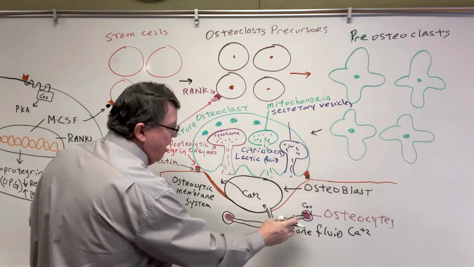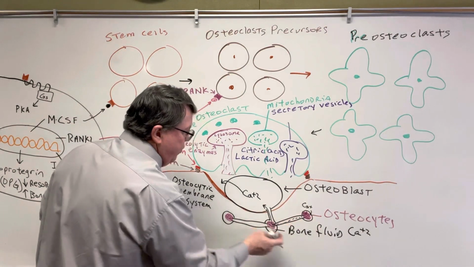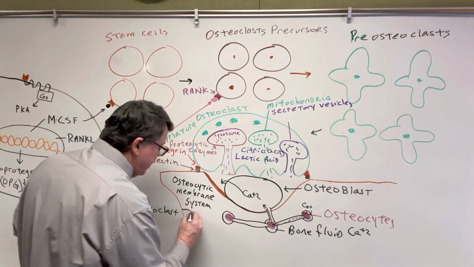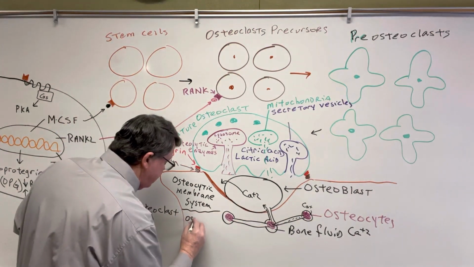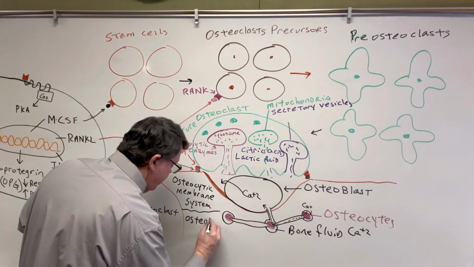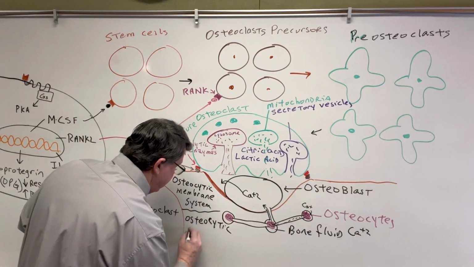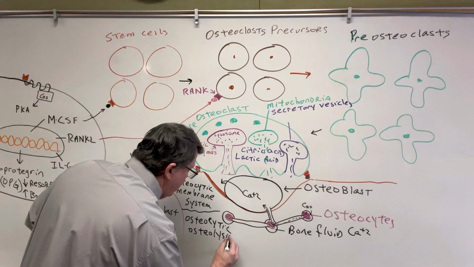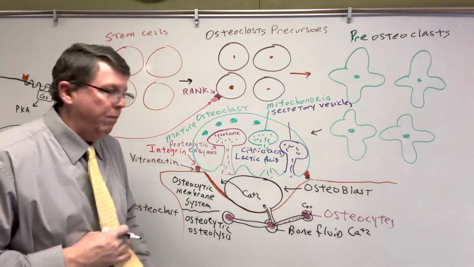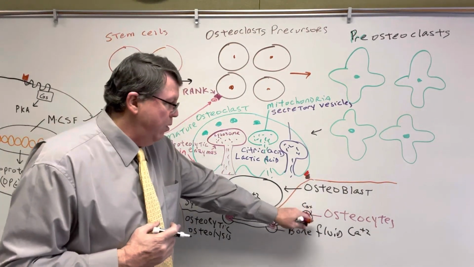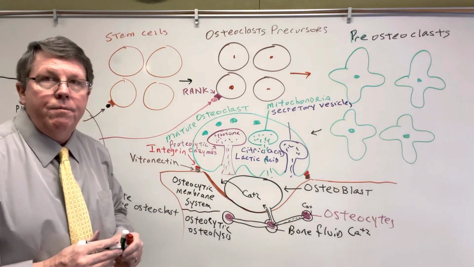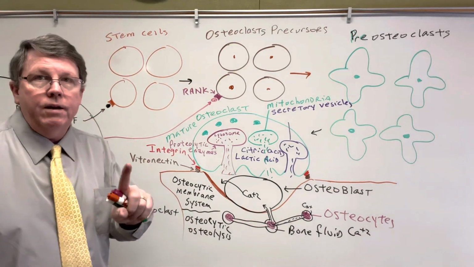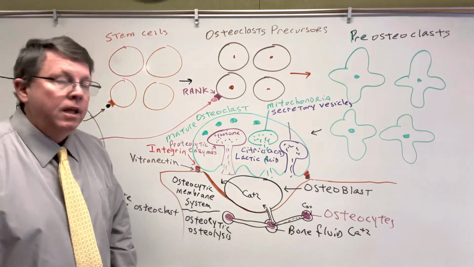And the taking of calcium from the bone fluid and putting it into the osteoblast, that is actually called osteocytic osteolysis. Because don't forget, we said too that osteocytes help maintain bone. So it may break down some of the bone in here and use that calcium to pump out. So it's also known as osteocytic osteolysis. So that's one way that we're going to make bone, right?